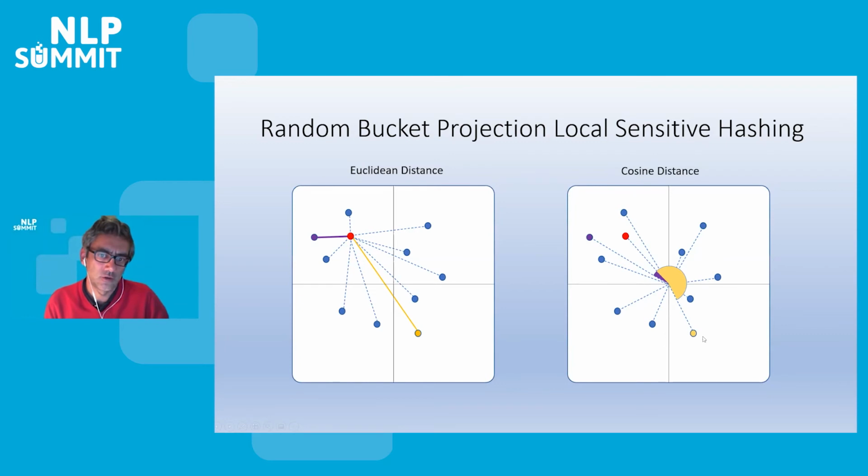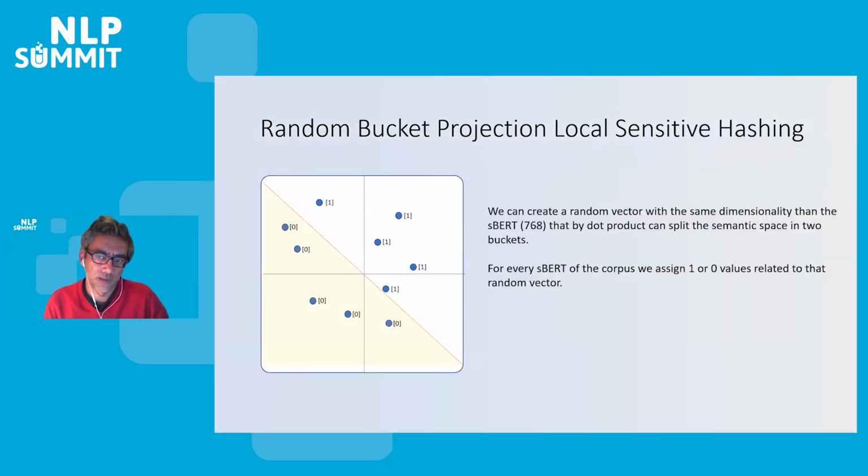So let's imagine you have a set of sentences represented by embeddings, and you are plotting that on the left here. You can basically generate a random vector with the same dimensionality as the sentence embeddings that you are using. In our case, it is 768, but we are illustrating with just 2 dimensions to understand better.